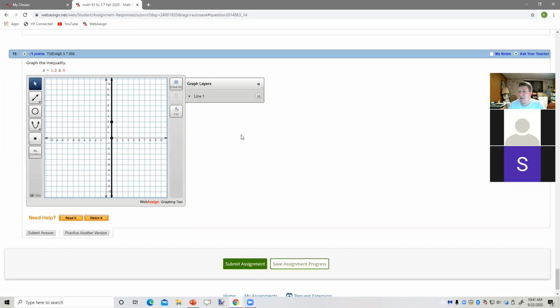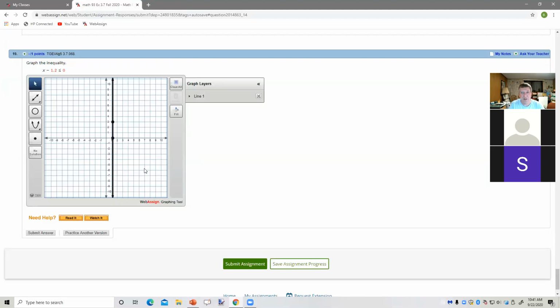Now, once again, when I tried to click on x being 1.2, WebAssign drug that point over to a nice value. So I'm going to come back here. I need my x value to be 1.2 when y is 0. I need my x value to be 1.2 when y is 3.